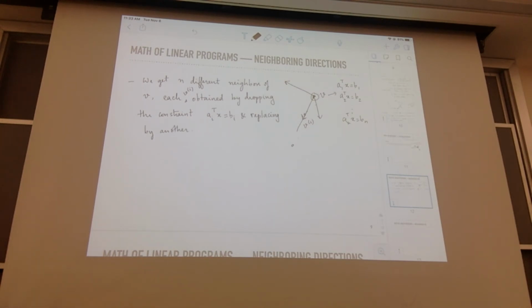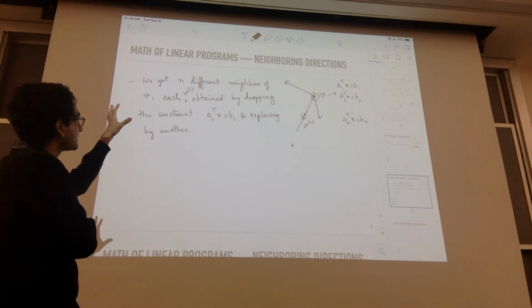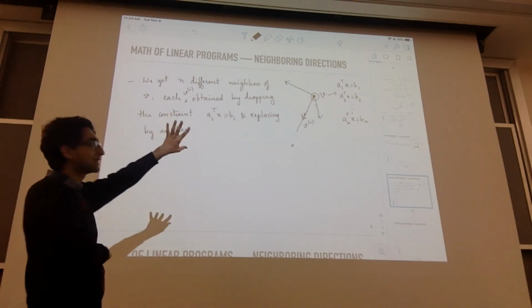Okay. So actually, why wouldn't you get, I mean, you can replace by any others, right? So why won't you get multiple neighbors like this? Okay, so firstly, let's make sure you understand what I have defined.